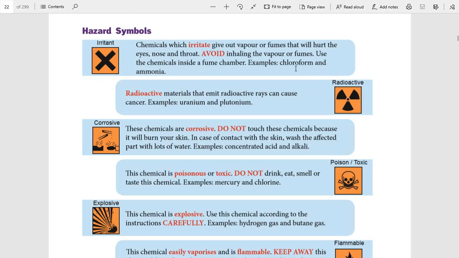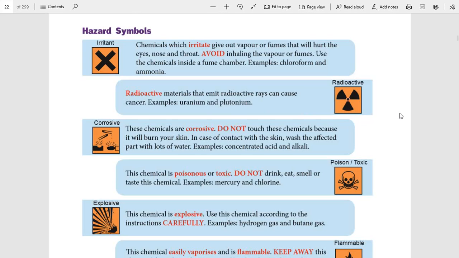Usually we use chemicals with this symbol in a fume chamber, for example chloroform and ammonia. Chloroform is used to make someone faint. You usually see in a movie, when the actor wants to kidnap someone, he puts a cotton bulb with chloroform into the nose of the person.